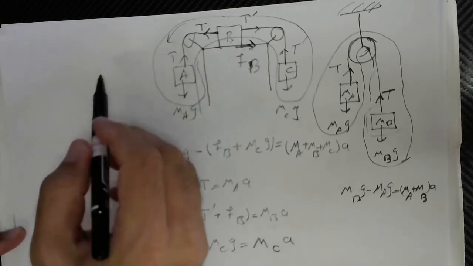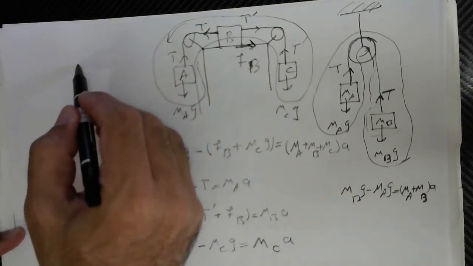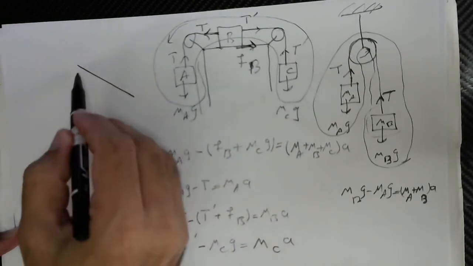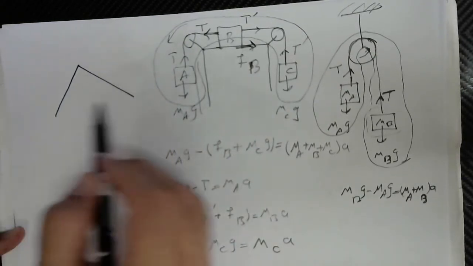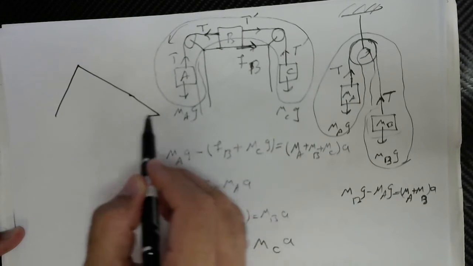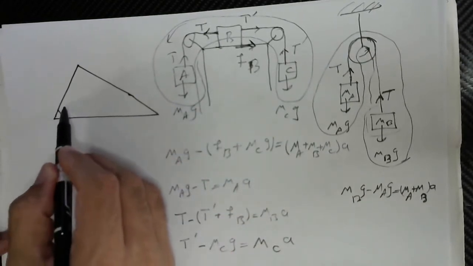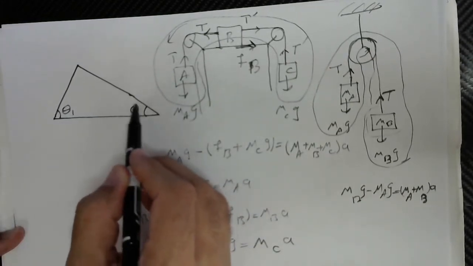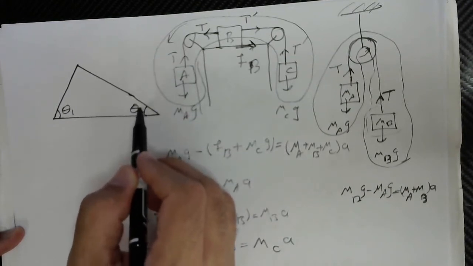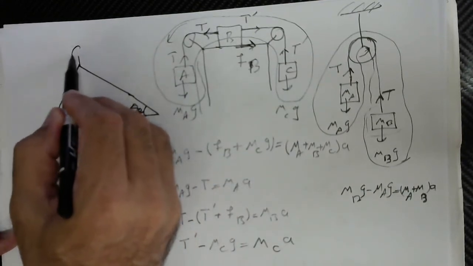The system can also be, let's say, for example, an inclined plane like this with different slopes. One is theta 1, this one theta 2, and then the pulley is here.